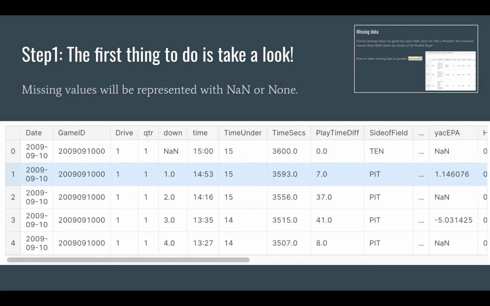If you remember from a previous lecture, we talked about missing data, and you also want to know that NaN values are always the float64 data type.